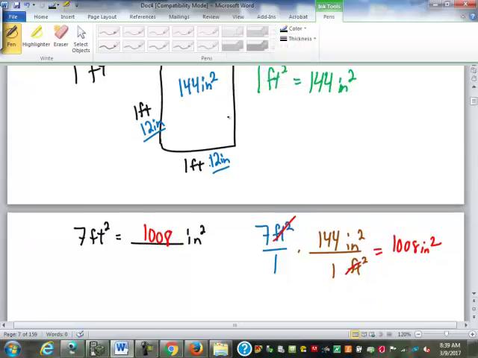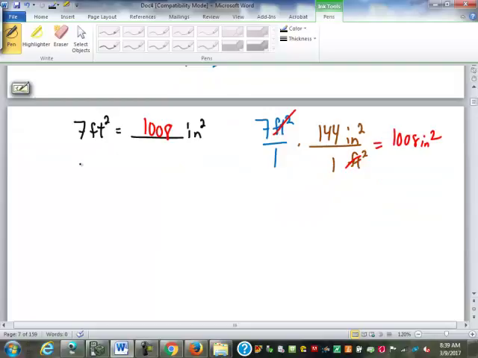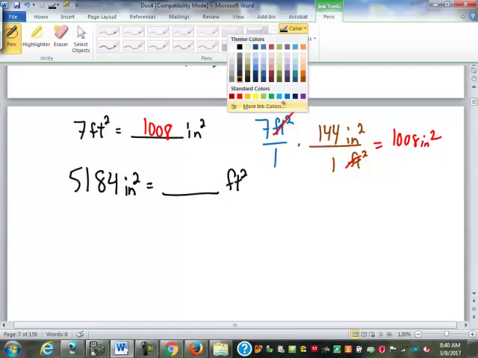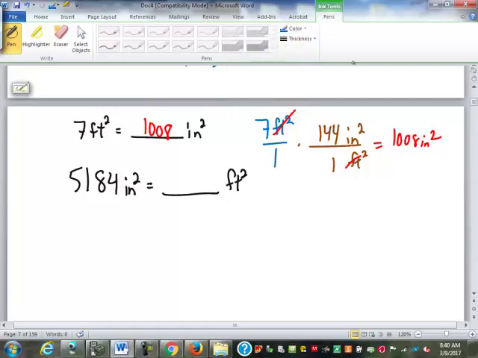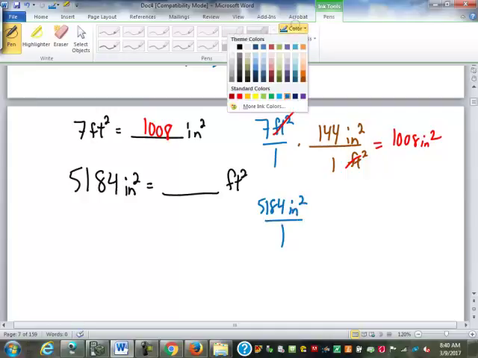Or, if I have 5,184 square inches, and I want to convert it back into square feet. 5,184 square inches over 1.